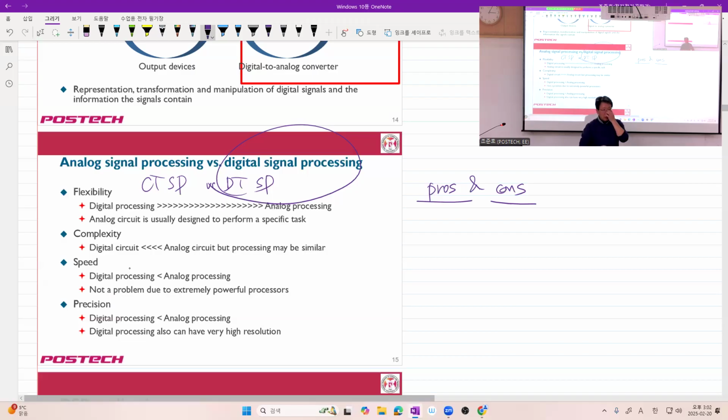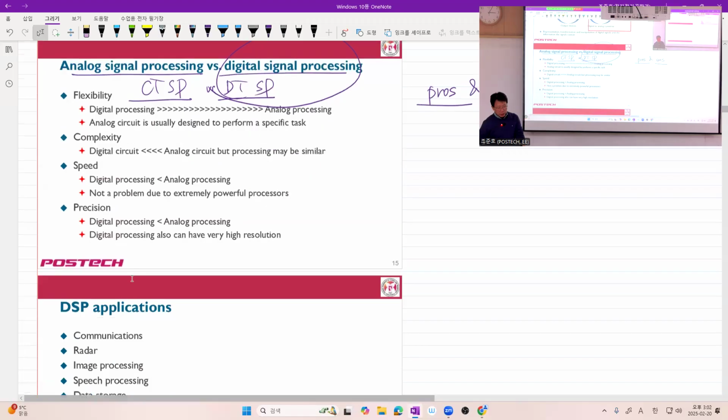And interestingly, many researchers who did analog circuits actually contributed a lot to SK Hynix's success in HBM. Got it? So nobody knows. So even though I strongly support digital signal processing, still analog signal processing and analog circuits are very, very important. So you never know, okay?